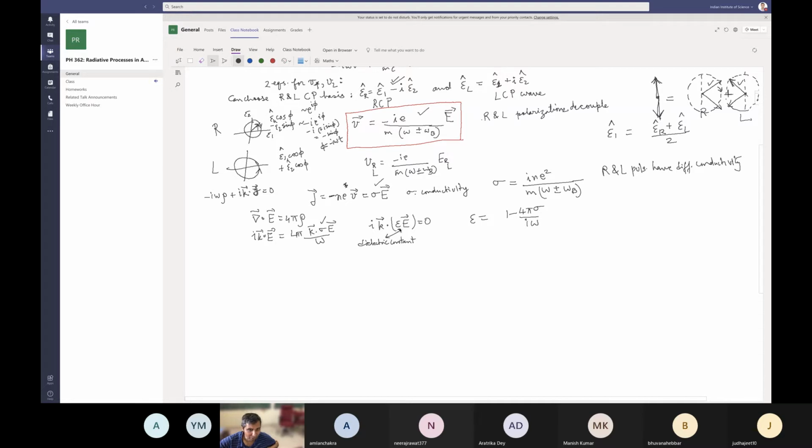I'm just comparing this and this, so this is i k dot 1 minus 4 pi sigma. Sorry, no, this k, what am I doing? The k dot is outside.